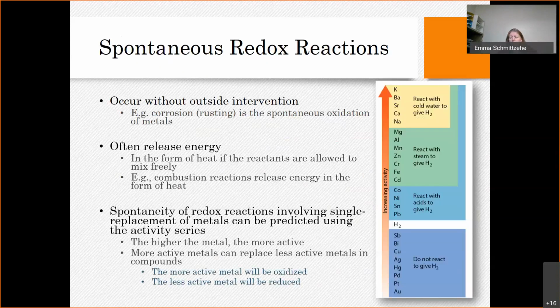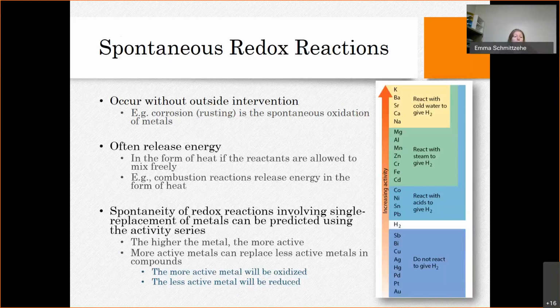But before we get to that, let's talk about a really common type of spontaneous redox reaction that's easy to look at and predict whether or not it would be spontaneous. Okay. So we looked at this actually back in chapter 5. So this is almost a review of one particular type of reaction.